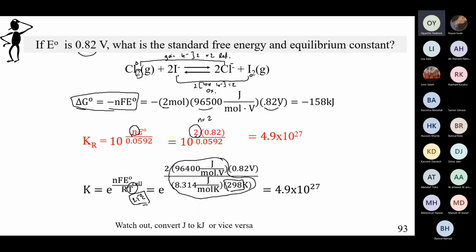Again, the multiplication of this ends up giving you joules. Watch out for the units, depending on the answer. But this multiplication is joules overall. Joules per mole. Joules per volt, which is Coulomb per mole, is the Faraday's constant units.